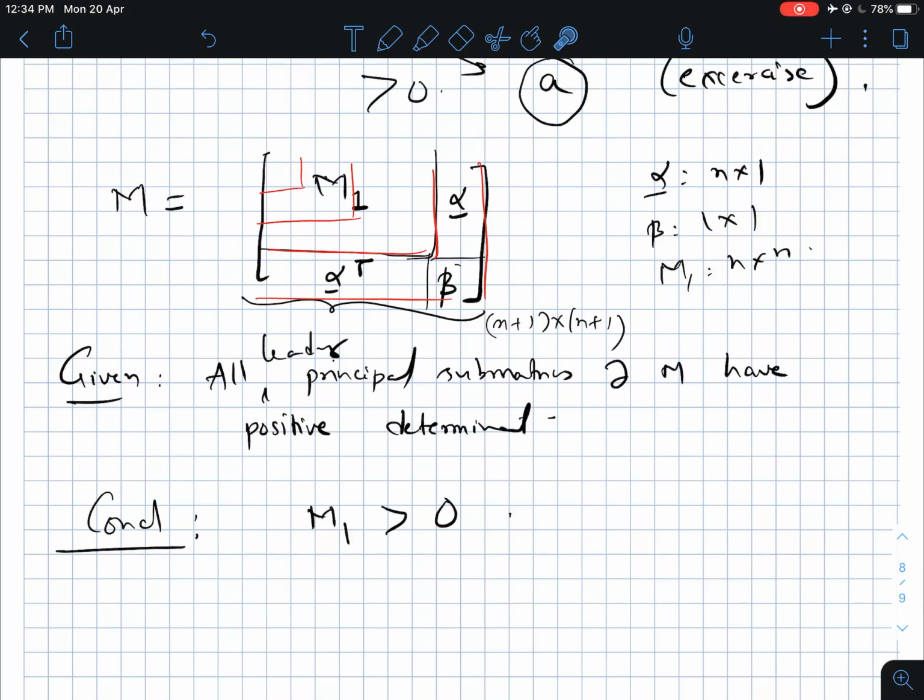And M1 is n cross n, so I assume Sylvester's criterion holds for n cross n. That means by Sylvester's criterion, M1 must be positive definite. This is basically what is called the induction hypothesis. It comes from the induction hypothesis, i.e., Sylvester's criterion is true for n cross n.